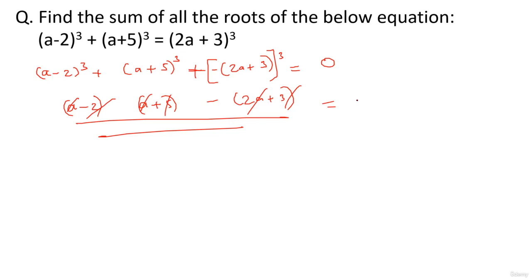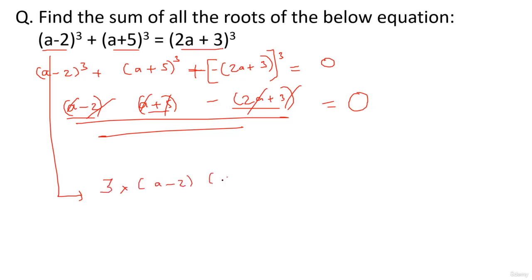So what do we know? Whenever a plus b plus c is 0, a cube plus b cube plus c cube will be equal to 3abc.